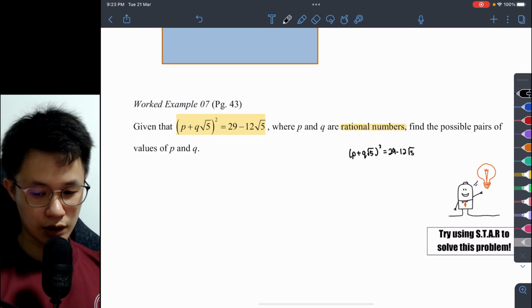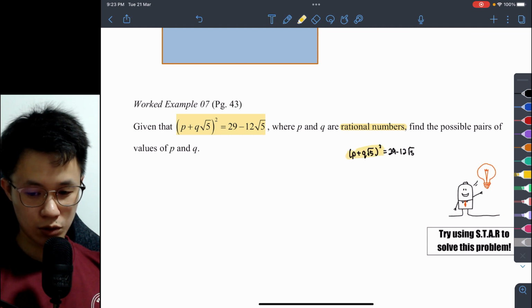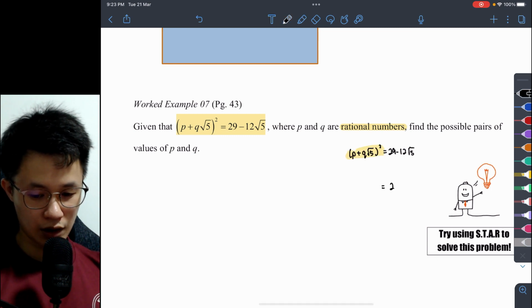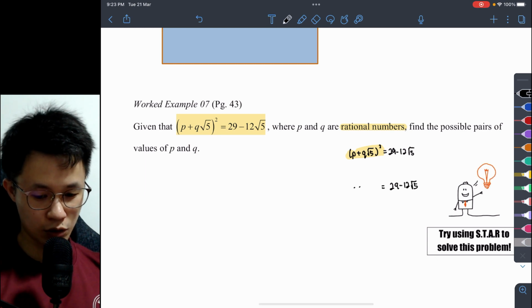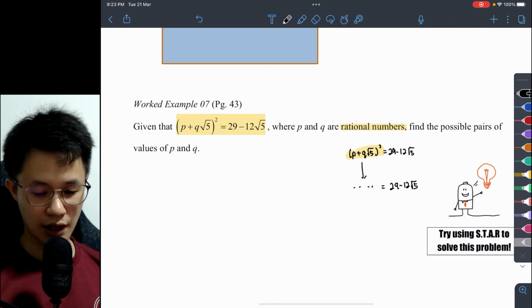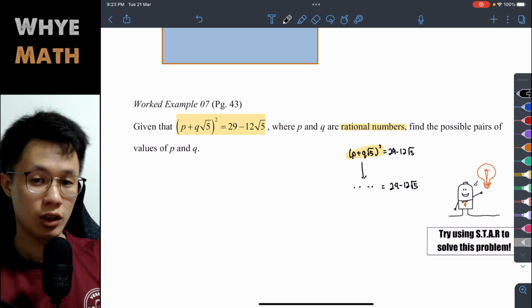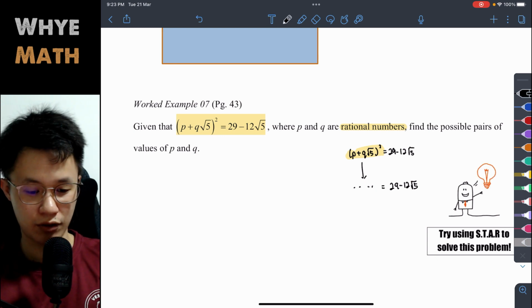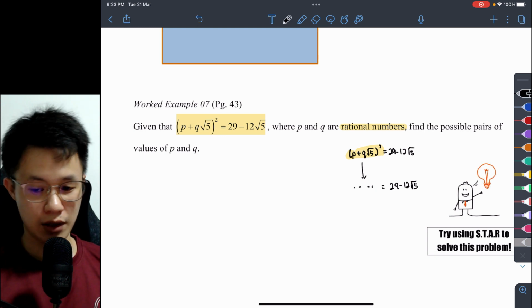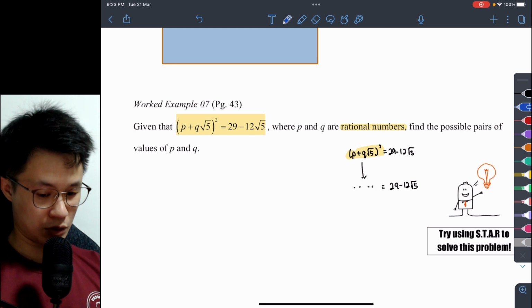The left hand side must be made similar to the right hand side. So the goal is to convert this to make it look similar, and then I can compare p and q with whatever I have on the right hand side, and that will give me p and q.